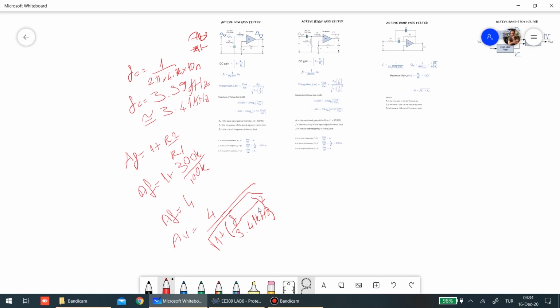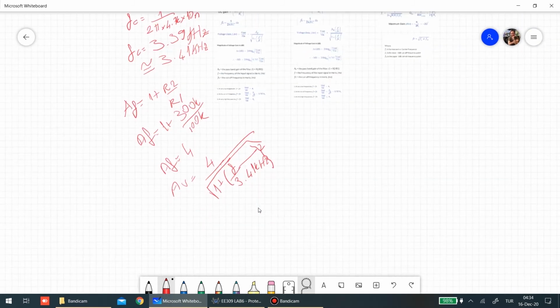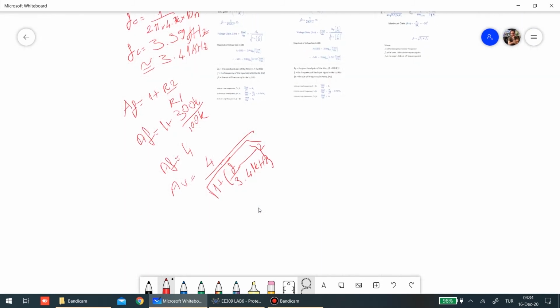Maybe we should put the theoretical values to the denominator parts, which was 3.39 kilohertz.